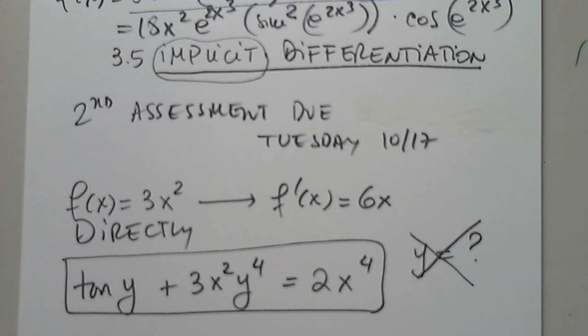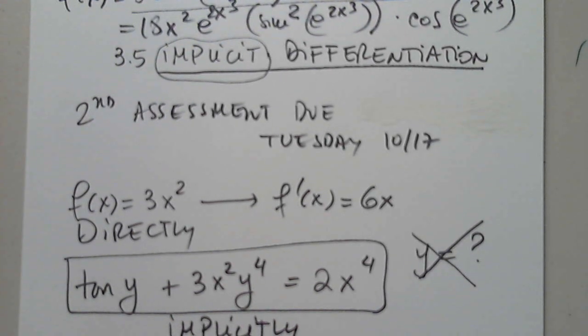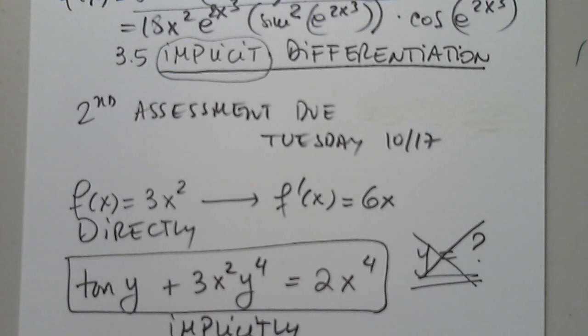So I can still find the derivative of y. Y is the function, of course. But y is given to us implicitly. It's given to us in a roundabout way. In other words, it's given to us in a form of an equation. So it's inside that equation, but I cannot solve for y.